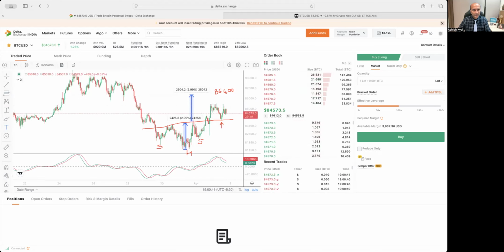So above 85,550 I get a classic buying opportunity. 85,550. That's my level, the basis of the breakout. I'm assuming once this is taken out, we'll get a very, very strong positive movement for the target of 86,400.